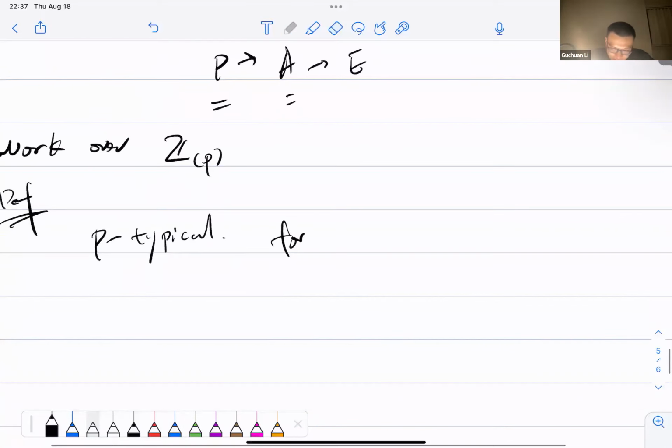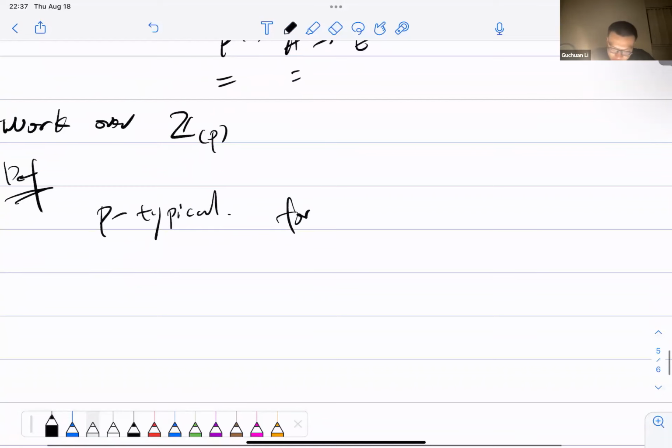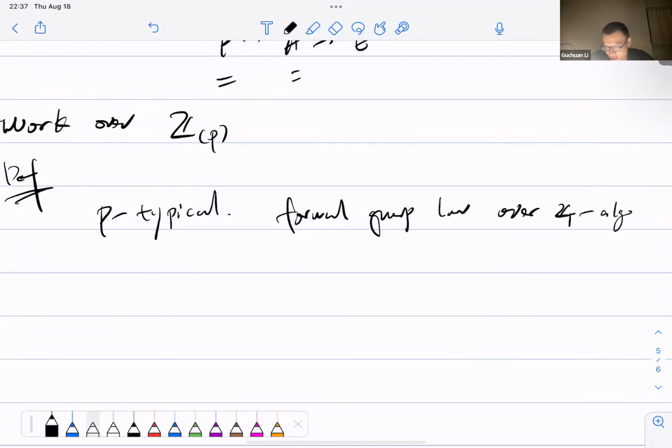You can check the general definition. So, a formal group law over a Z_(p)-algebra, and let me put the torsion-free condition to make life easier.